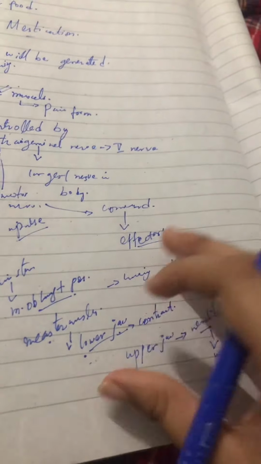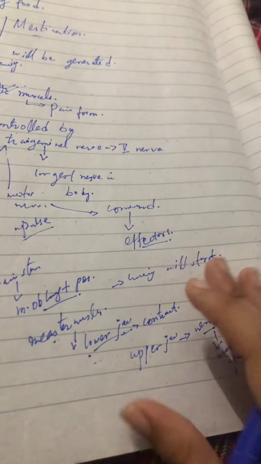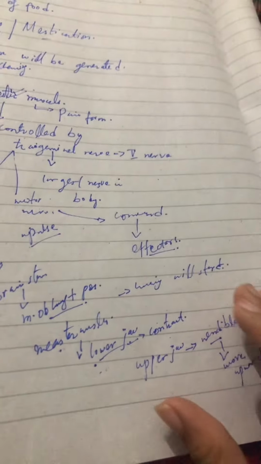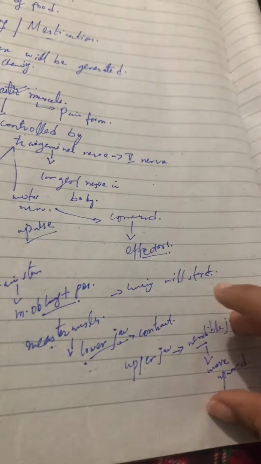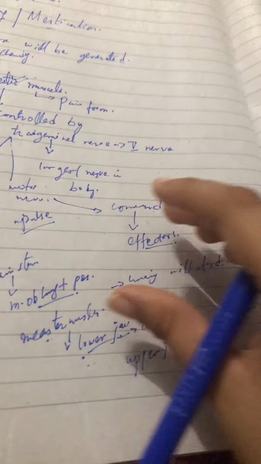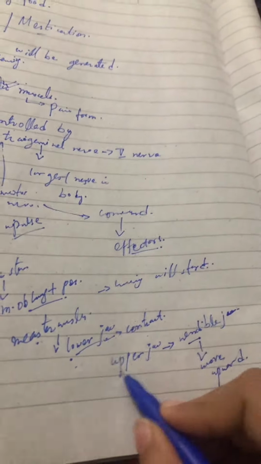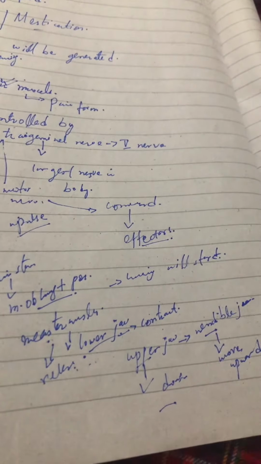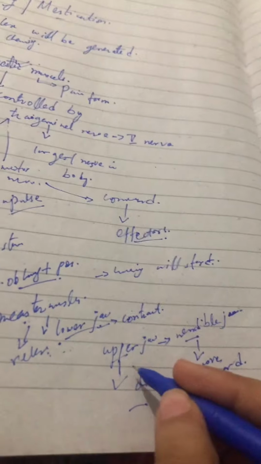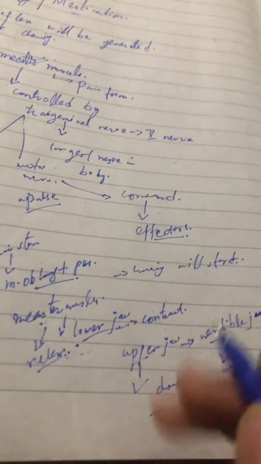So when the masseter muscles contract, the mandible jaw moves upward. When the masseter muscles relax, the jaw moves down.